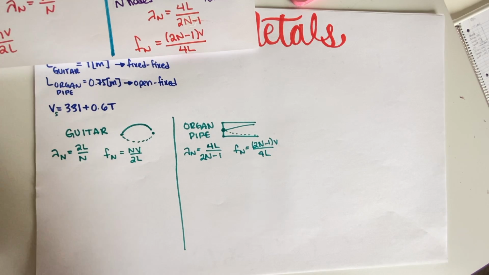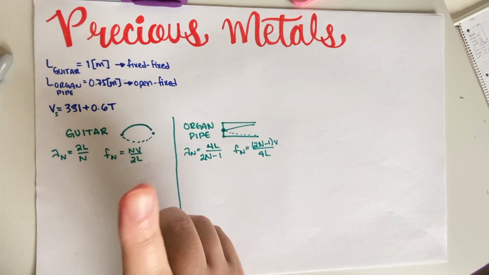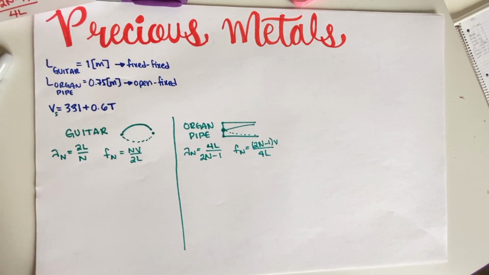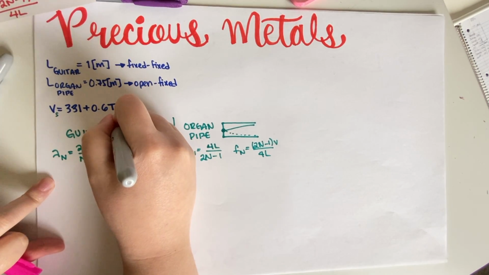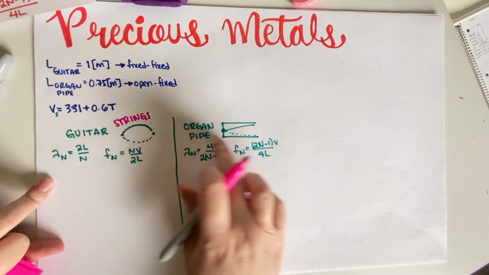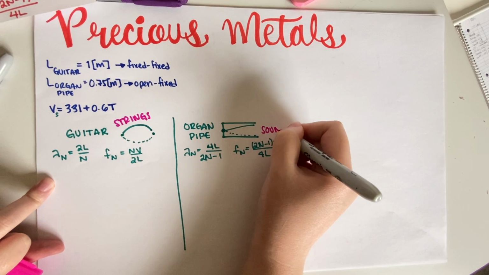Okay, so this is a tricky problem. Another thing that makes this a little bit difficult is that for this guitar, the medium is strings, and for this organ pipe, the medium is sound, so just the speed of sound in air, right?